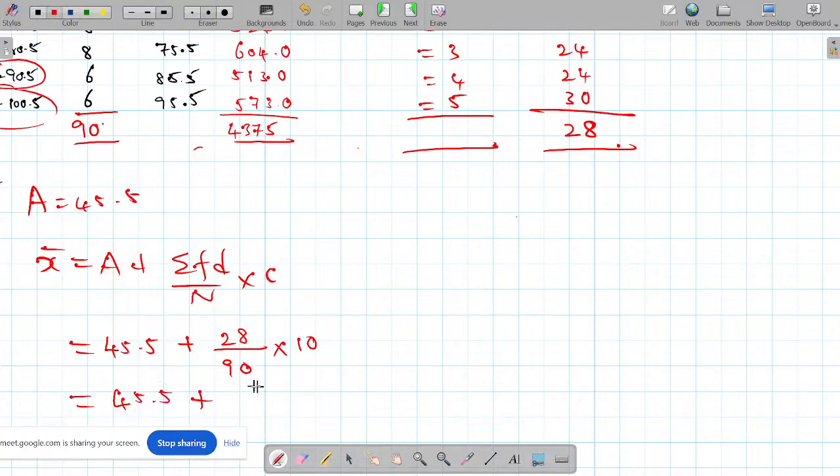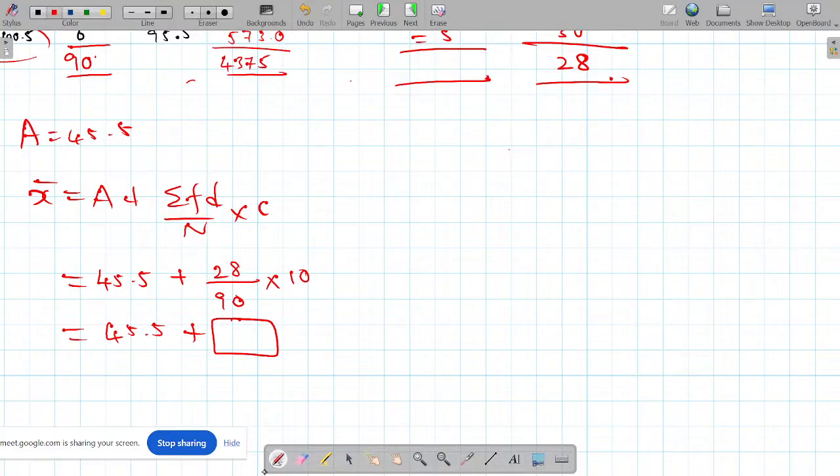45.5. I want to have this value, please. 0.31. Exactly. If you add, you'll get 48.61. Correct? Into 10 now.